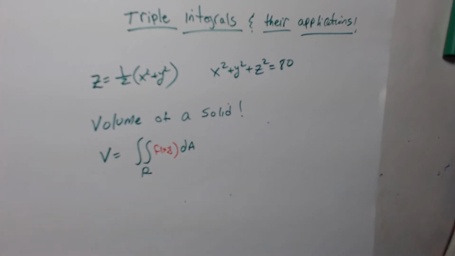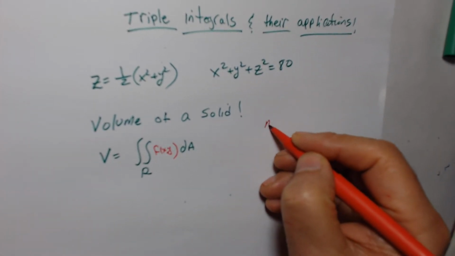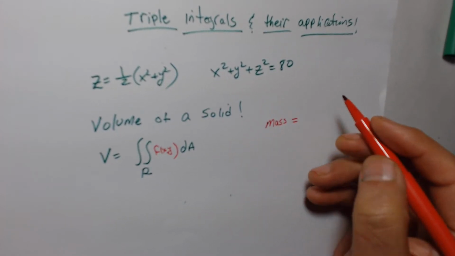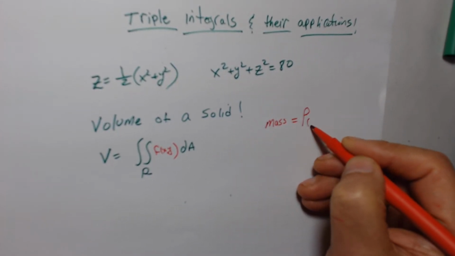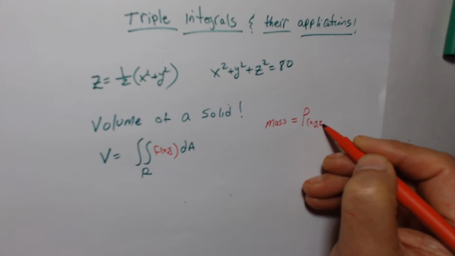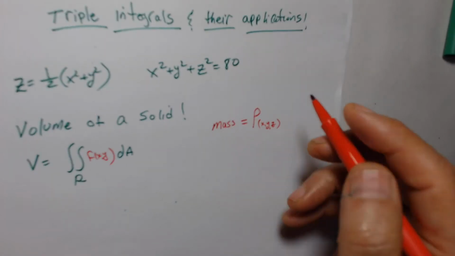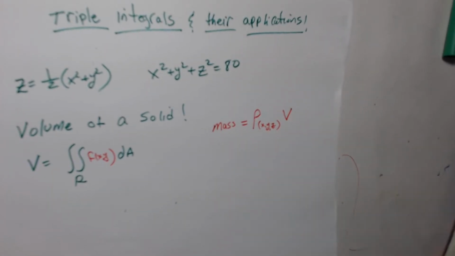There are many physical applications such as mass. For a solid with a density, if it's not uniform, the mass is density times the volume.